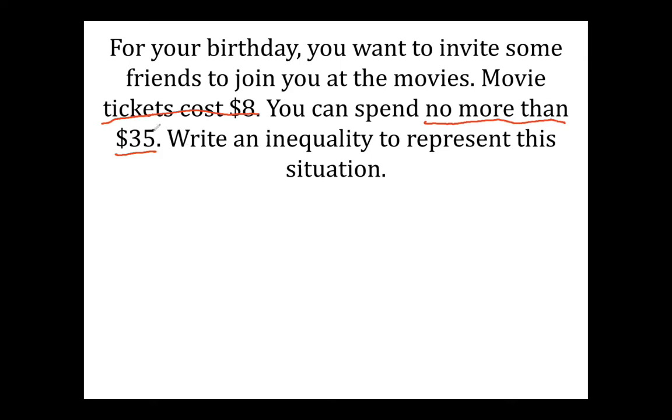So go ahead and use a random variable to represent however many tickets you're going to buy. In this case, I'll go ahead and use T, and we know that tickets will cost $8. So that would be 8 times however many tickets you're going to get. So that would be 8T.